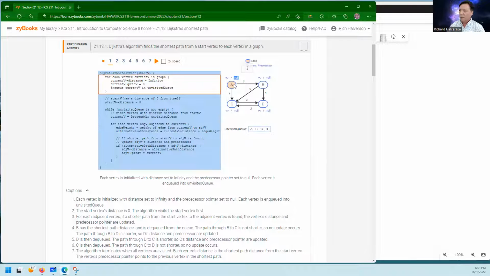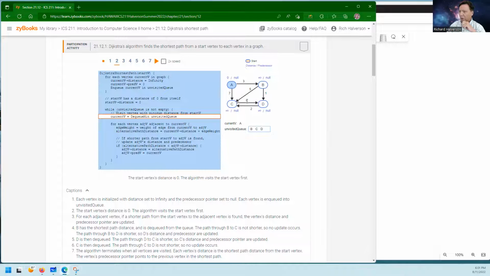And then we set the starting vertex equal to 0, and all of the vertexes are loaded into the unvisited queue.